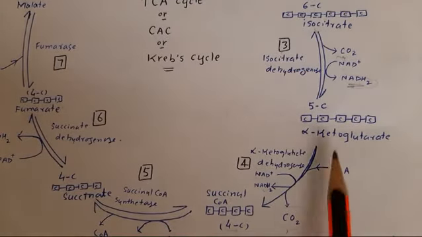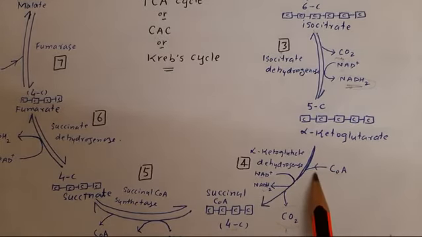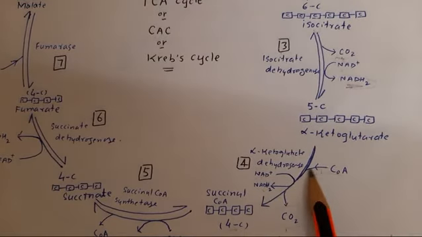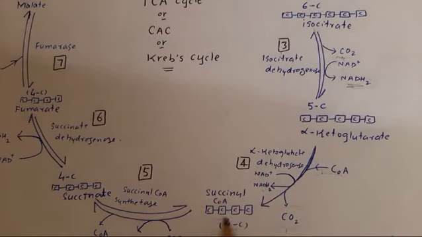So the alpha-ketoglutarate is now converted into a succinyl group. If you look at this diagram, the coenzyme A reacts with the succinyl group, forming succinyl-CoA, right?